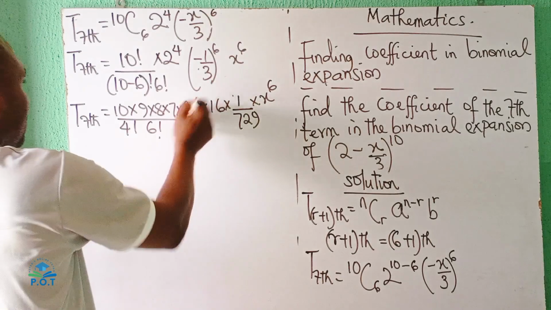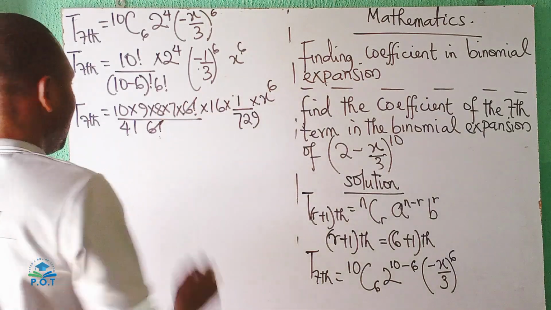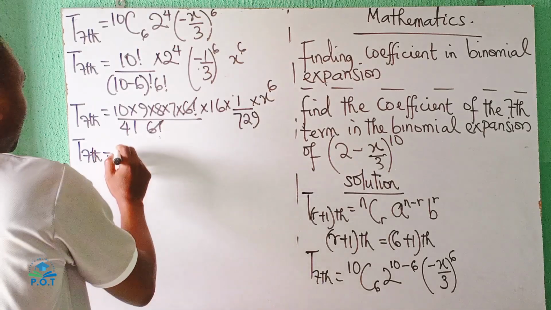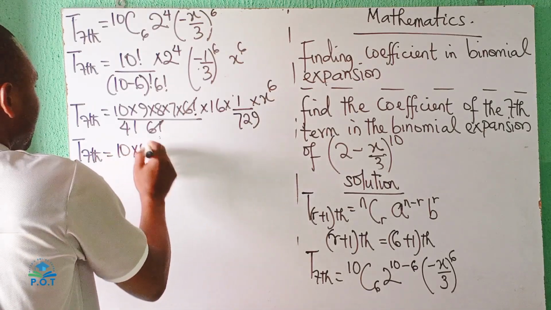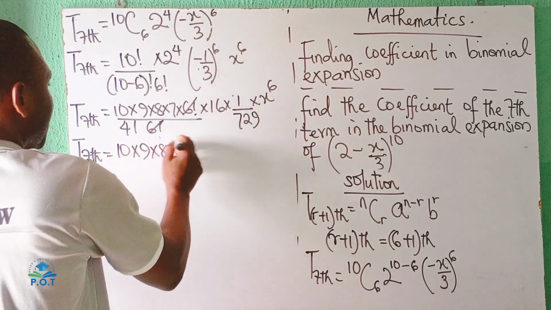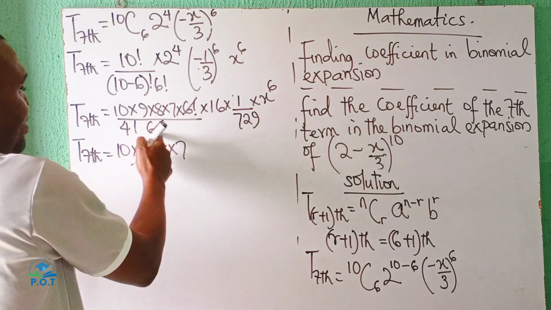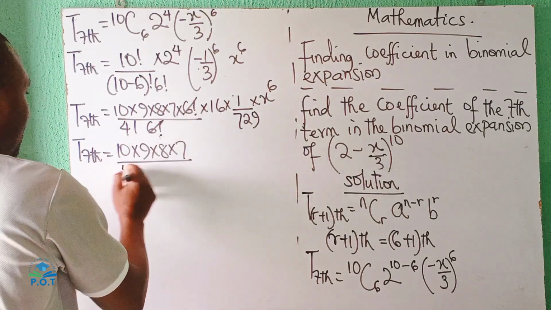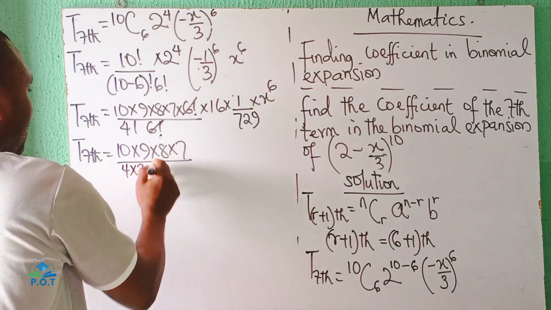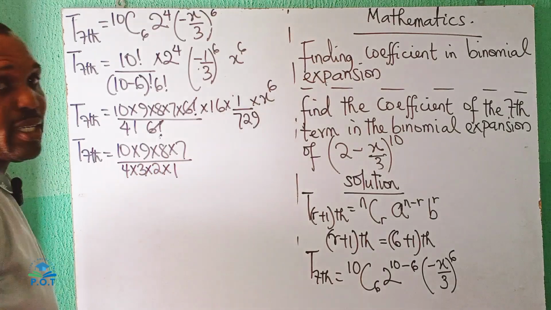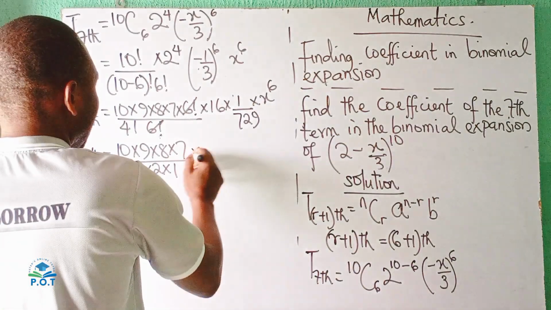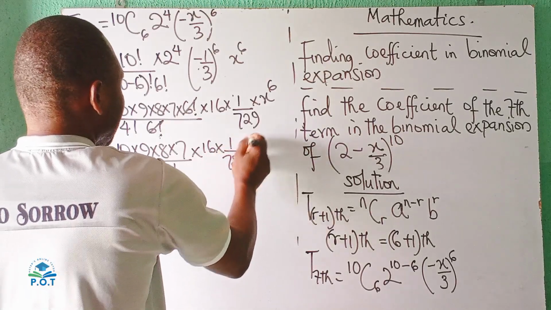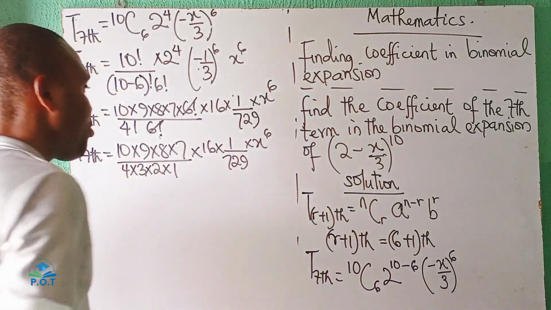Okay, so this and this go off. So I'm having the 7th term here is 10 times 9 times 8 times 7. Now 6 factorial up and 6 factorial down can go off. So over 4 factorial, which is 4 times 3 times 2 times 1. Then times 16 times 1 over 729 times x raised to the power of 6.